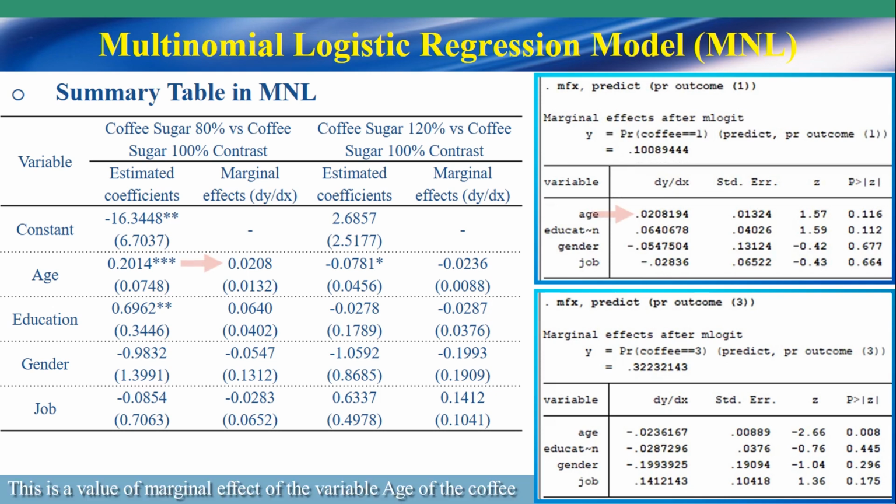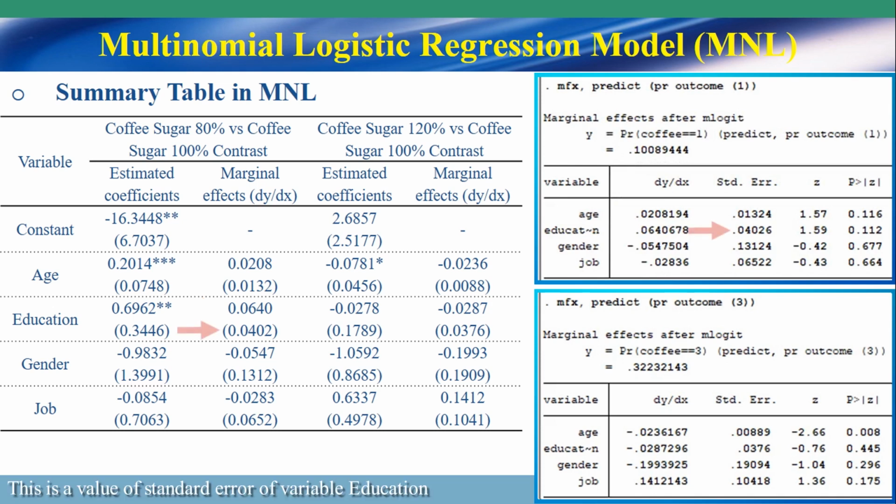This is a value of marginal effect of the variable age of the coffee that has sugar 80% compared with the coffee that has sugar 100%. This is a value of standard error of variable age. This is a value of marginal effect of the variable education.